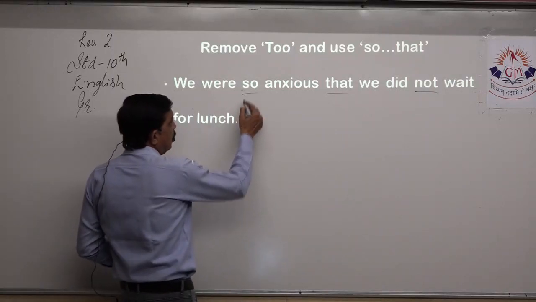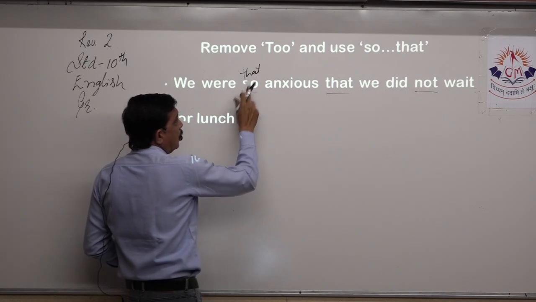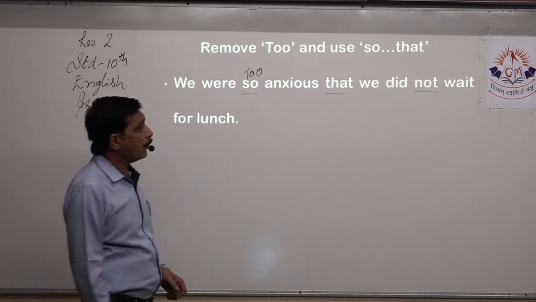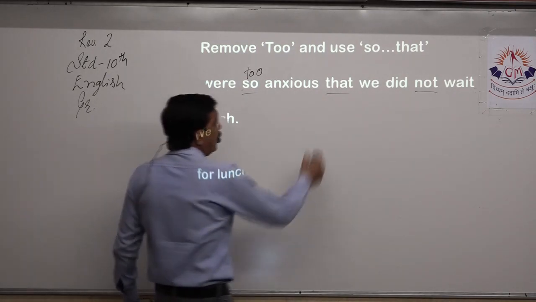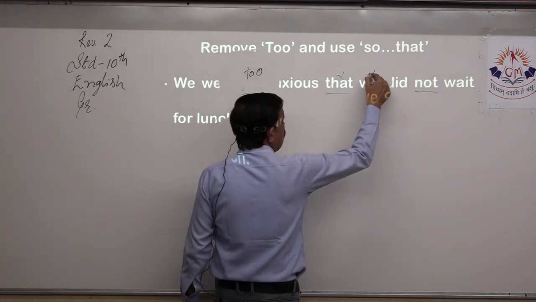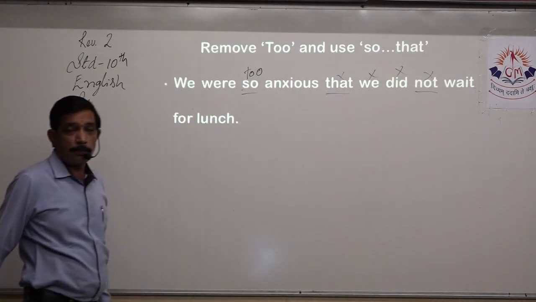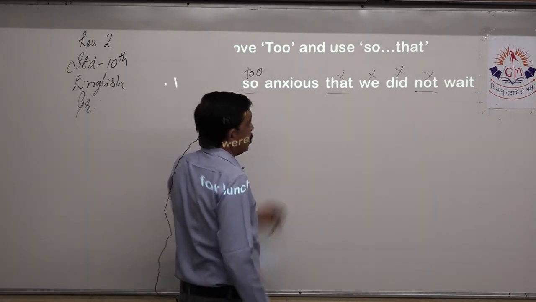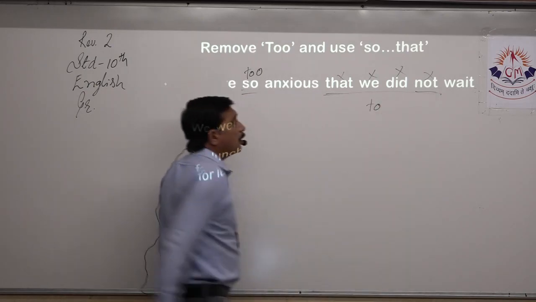Instead of so, it will be that. When we remove that, then we also will get removed, this one also and this one also. All this will be removed. Right? So we were too anxious. Now what will we replace instead of that? We will replace just one word, too.